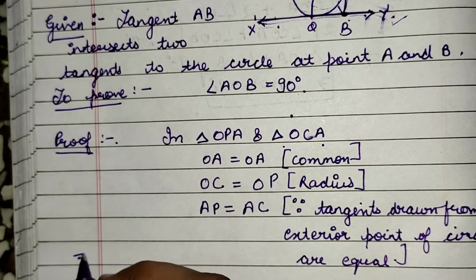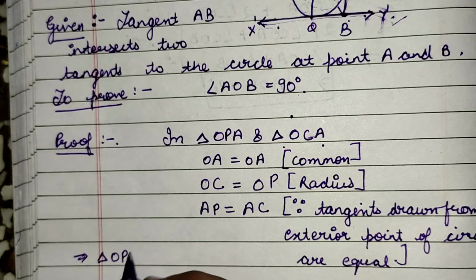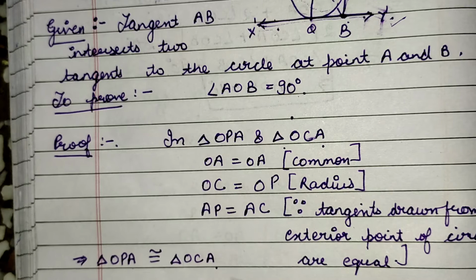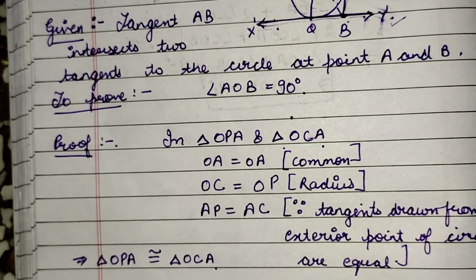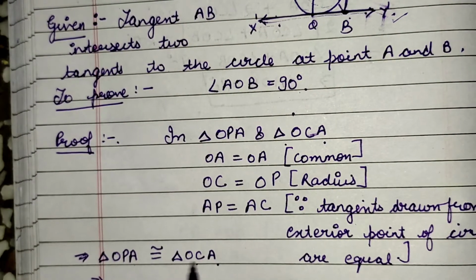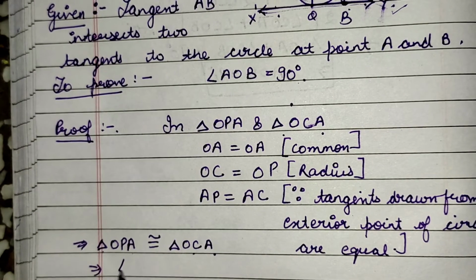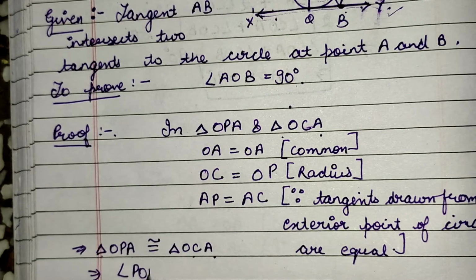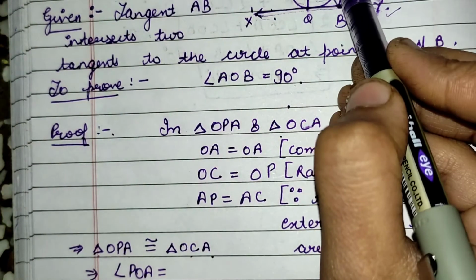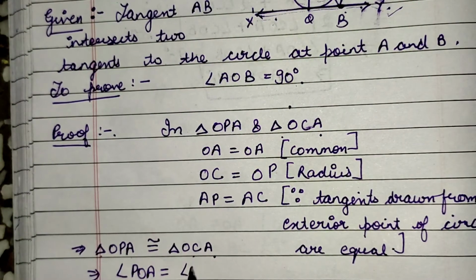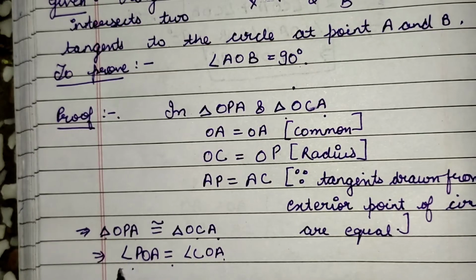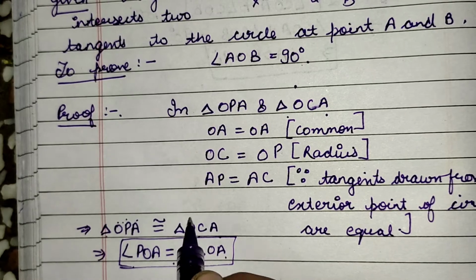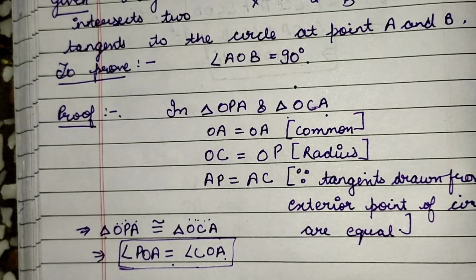So that means my triangle OPA is congruent to triangle OCA. So if these two triangles are congruent with each other, that means angle POA is equal to angle COA. When you are writing the angles, use the letters in the same sequence in which you have written that the triangles are congruent.